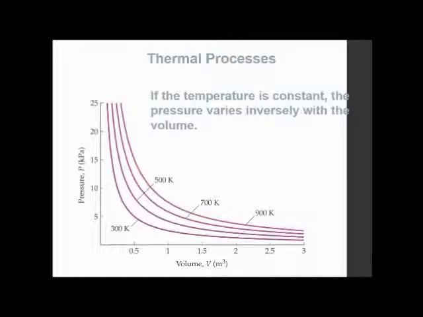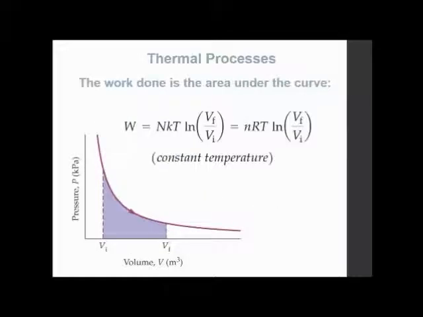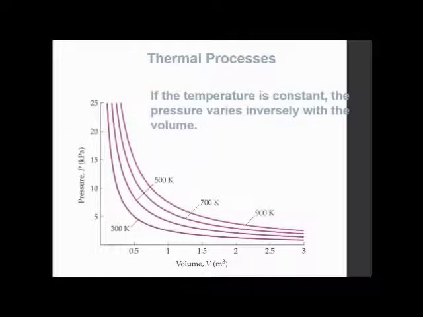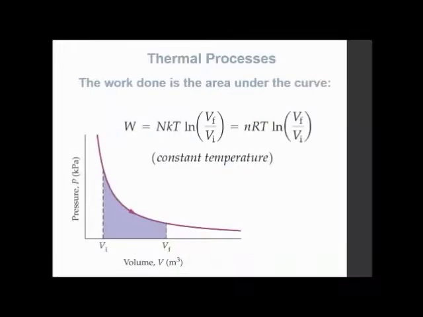Next, the isothermal process. If the temperature is constant, the pressure varies inversely with the volume. This diagram shows how the pressure varies inversely with the volume whenever the temperature is constant. This is based on the gas laws, Boyle's law and Charles' law.